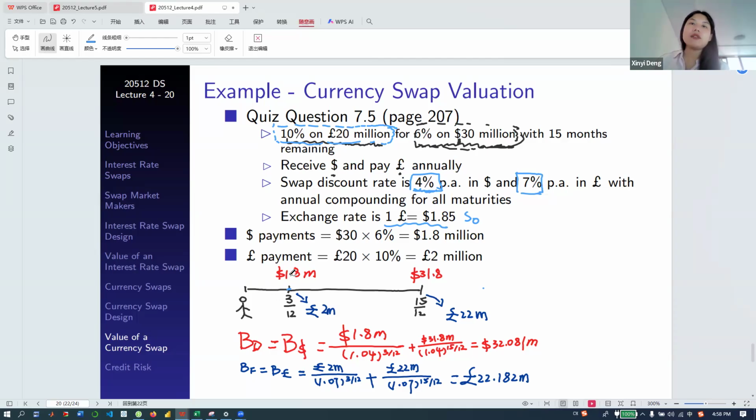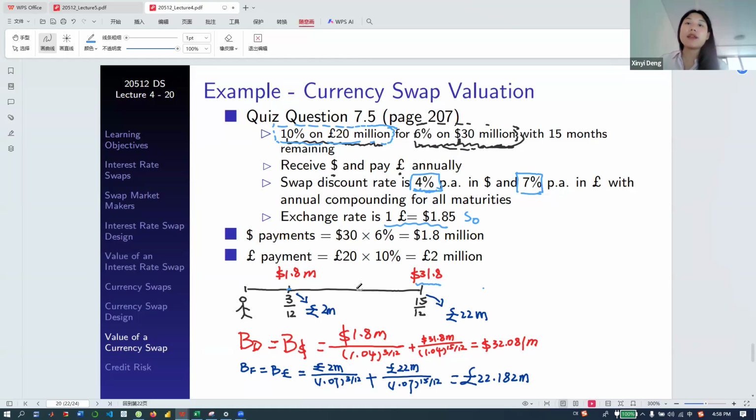On the timeline, the first payment for the domestic bond is just $1.8 million. And the second payment is the principal, which is $30 million, plus the interest payment. So 30 plus 1.8. That's how we get this 31.8 here.